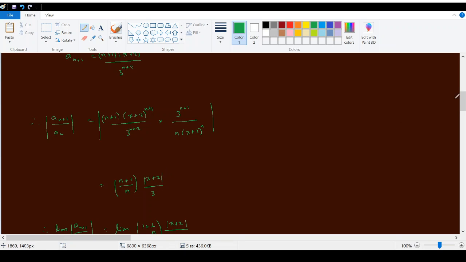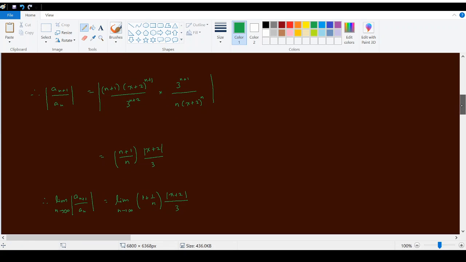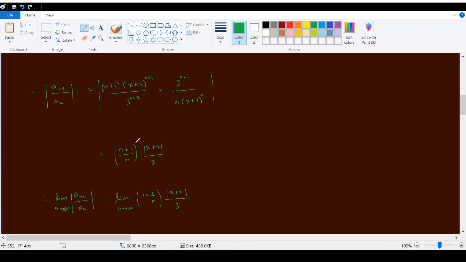And remember, n is a non-negative number, right? So originally you will have a modulus sign for this term as well, but since this is a non-negative number, you can even write that one without the modulus, right?